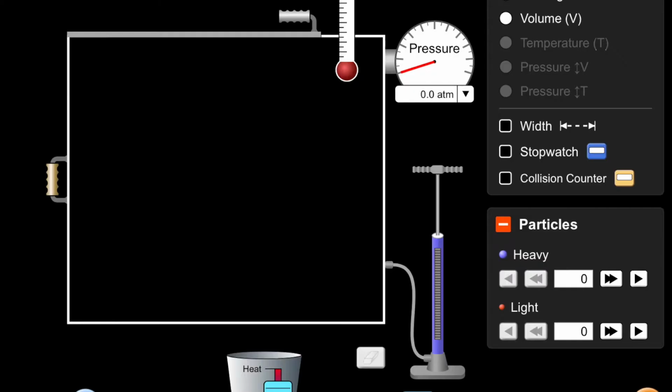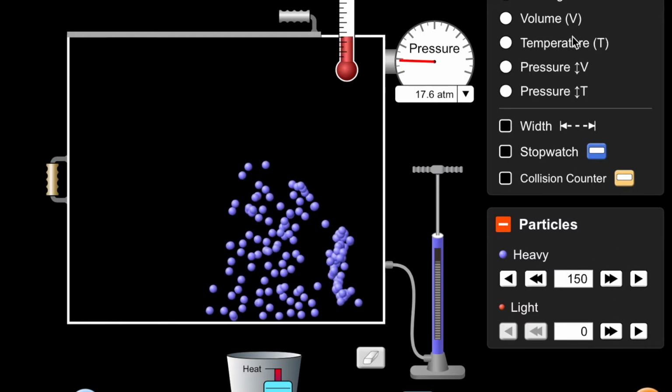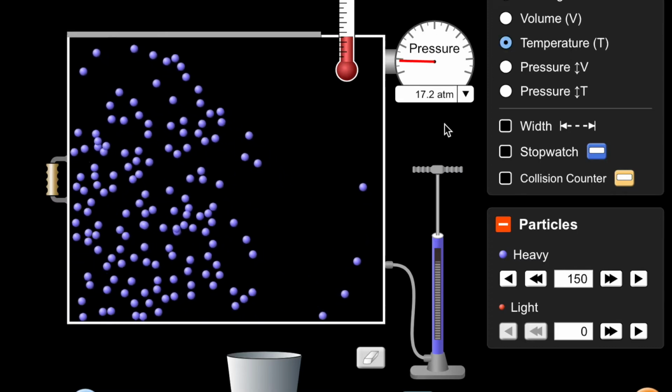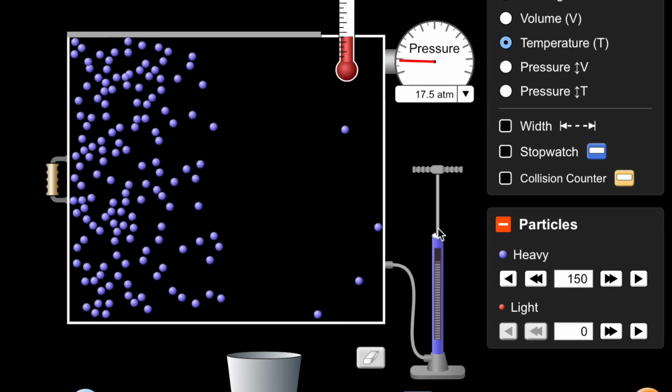A simulation looking at pressure. As I add particles into my container, I can keep my temperature constant, and I want us to focus on this pressure gauge.